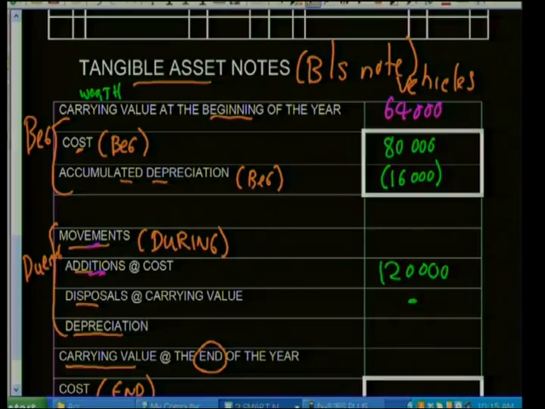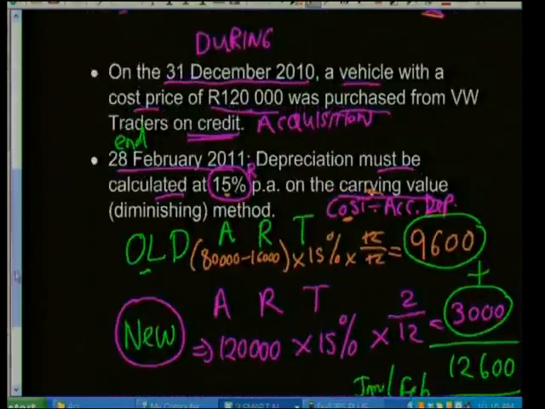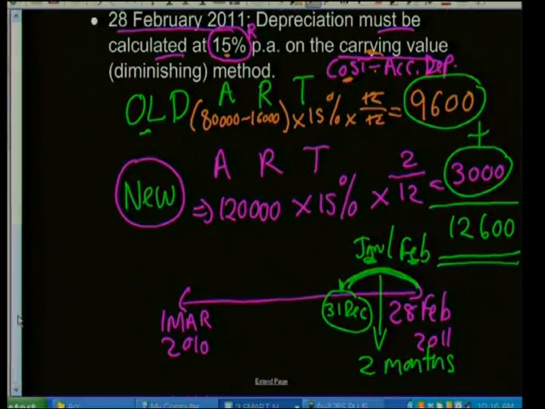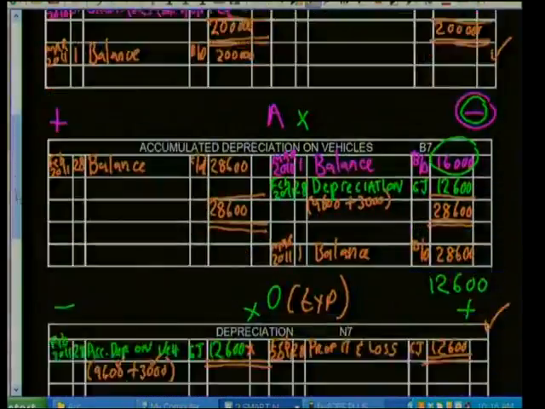Depreciation, what was my depreciation for the year? I'm not going to do the calculation for depreciation, guys, because we've done that already. So if we go back to the information, we've done the calculation already. Your total depreciation was 12,600. So we're simply going to fill that in.